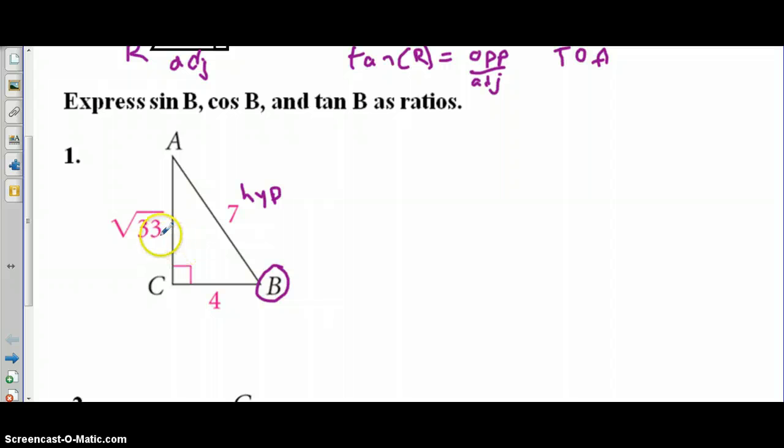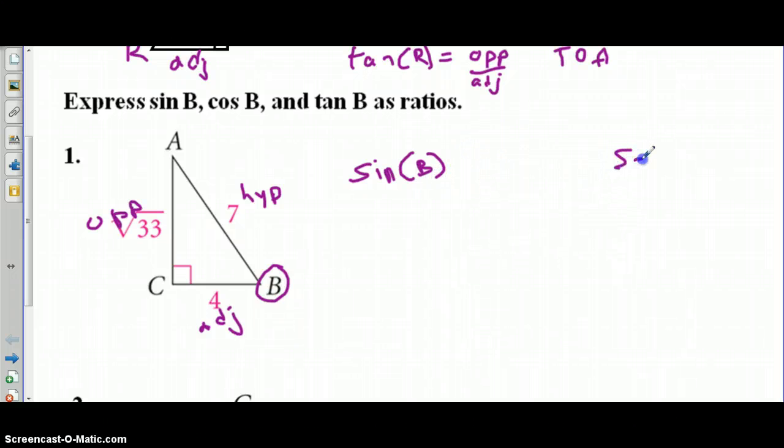The side across from angle B is the opposite side, so I'm going to label that as the opposite side. And the other leg of the triangle next to angle B is the adjacent side, so ADJ, to label that as the adjacent.